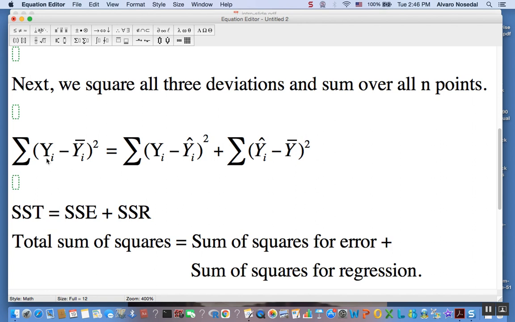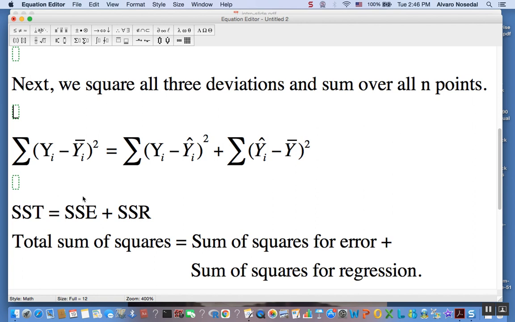Now, this is something called the total sum of squares, and the notation is SST. You have also seen a different notation in your textbook to refer to SST. You have seen SYY.